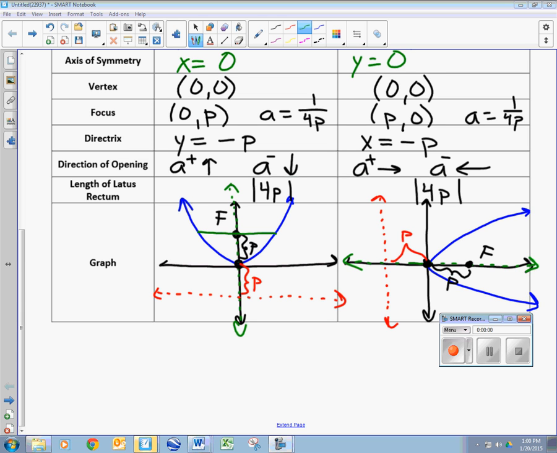So that segment, the latus rectum, tells us how wide the parabola gets. Your book uses another term called the focal diameter. Focal diameter is the measure of the latus rectum. If you see focal diameter, just think latus rectum. It's the length of the latus rectum.